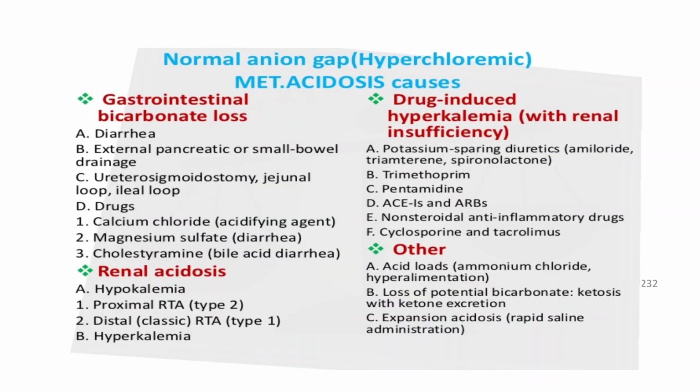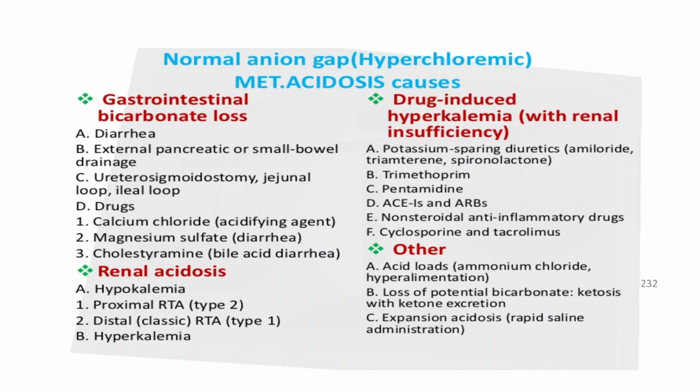Other than that, metabolic acidosis also can occur in patients who have an extraordinary bicarbonate loss, like diarrhea or pancreatic conditions, pancreatic damage, or certain drugs like calcium chloride or magnesium or cholestyramine, which is administered in the treatment of gallstones.